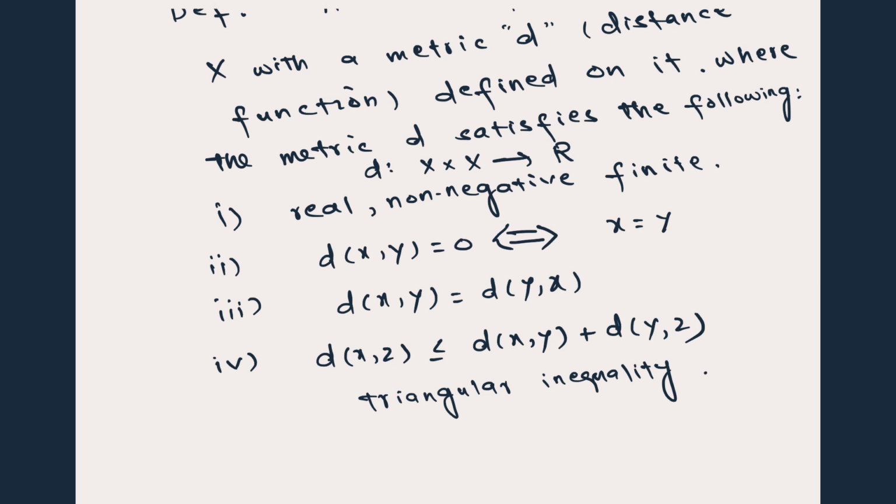So, these are the typical properties of a distance function. For example, the distance is always a real number, and it cannot be less than 0, and it is finite. And similarly, the distance of a point from the same point is always 0, so this becomes the second axiom. The distance from x to y must be equal to the distance from y to x, so that is also obvious.